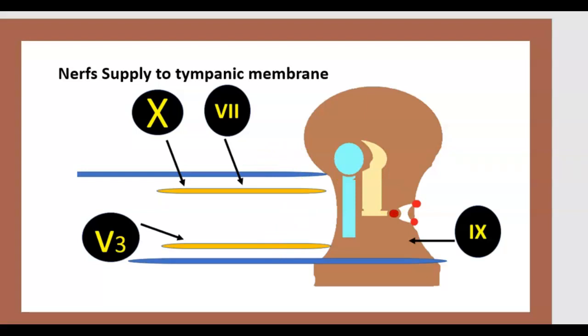Also the auricular branch of the vagus nerve, which lodges some fibers from the facial nerve. Inside, it is supplied by the glossopharyngeal nerve through the tympanic plexus.